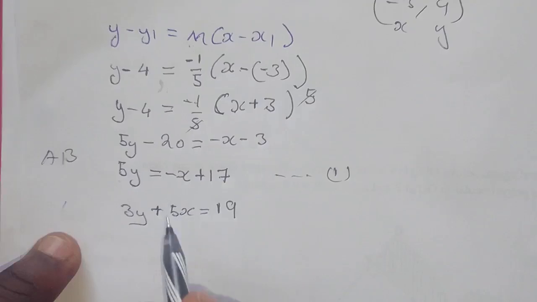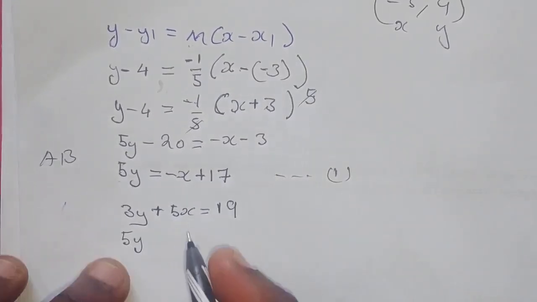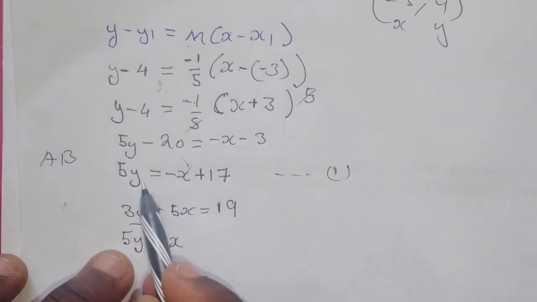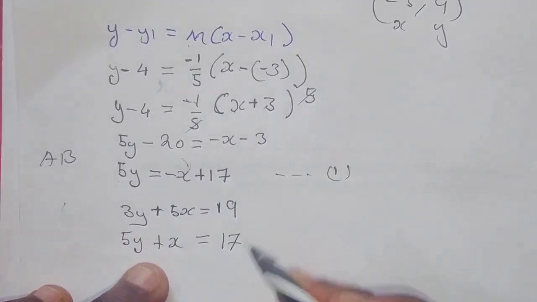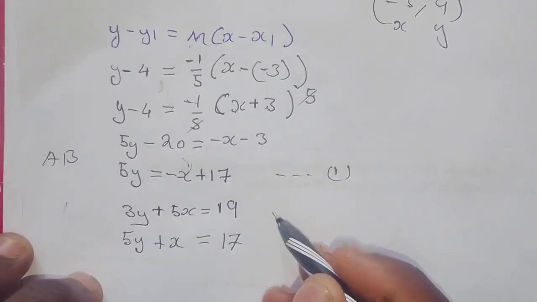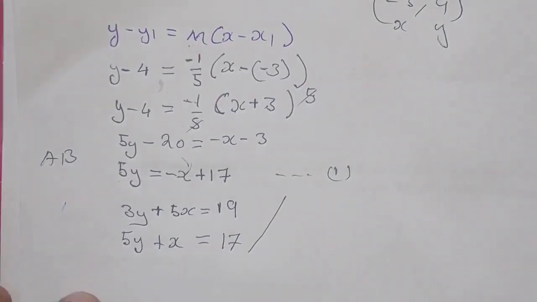So we also have this equation, which is 5y plus x is equal to 17, where we just take -x to this side to be plus x. Then, you can use the substitution method, or you can go with elimination. Let's go with the elimination method. We're going to start by eliminating x.